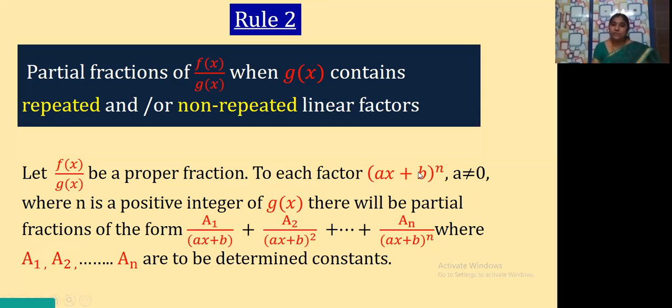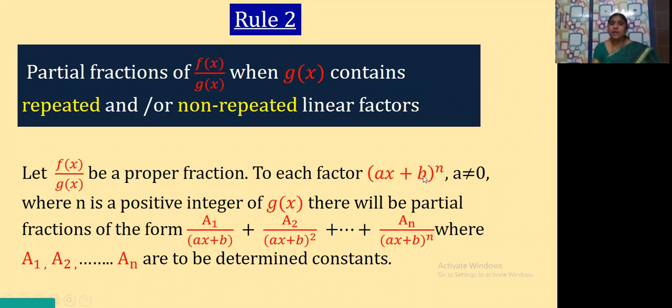If it is of such form, how can you write the partial fractions? The first partial fraction will be a1 by (ax plus b), plus a2 by (ax plus b) whole square. Suppose n is equal to 2, then we get two partial fractions. Whatever the power, that many partial fractions we get.